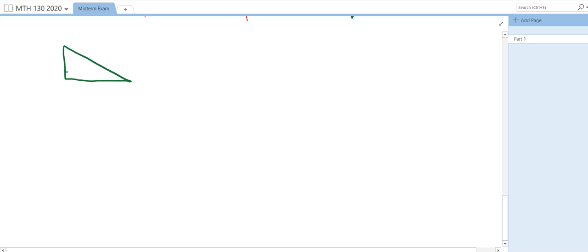And you might be given the fact that this is a right triangle, for example, and perhaps given this angle here, let's say it's 30 degrees. This angle is 30 degrees.